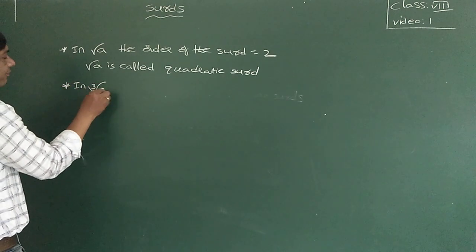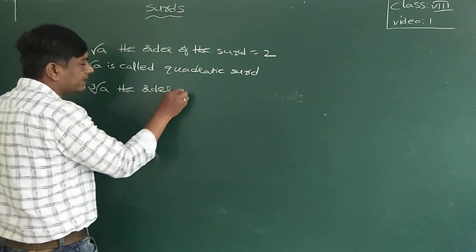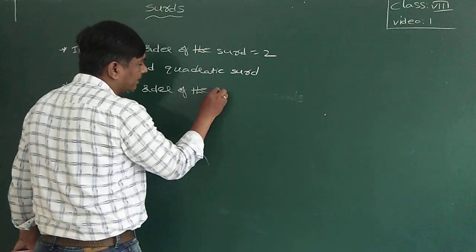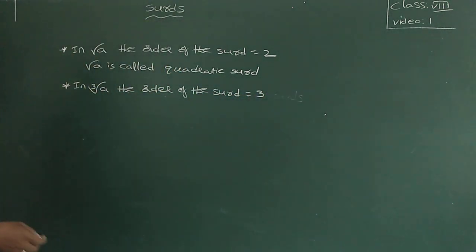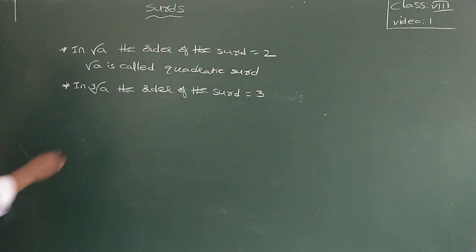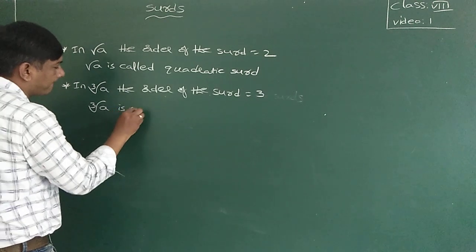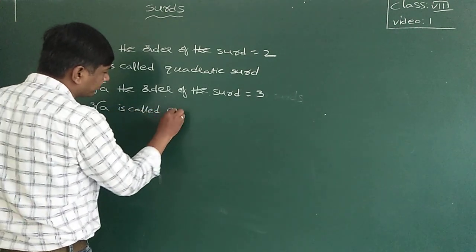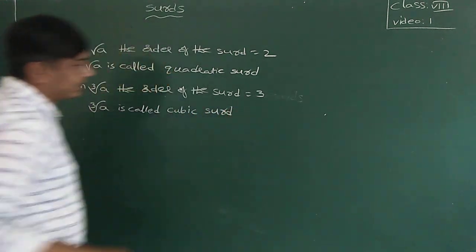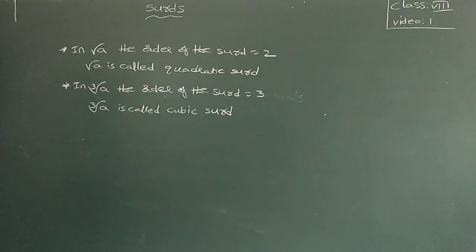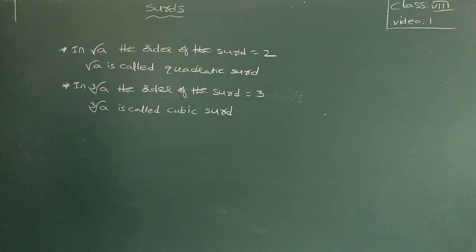In the cube root of a, the order of this word is 3. So the cube root of a is called a cubic surd. If it is the fourth root, then it's biquadratic.